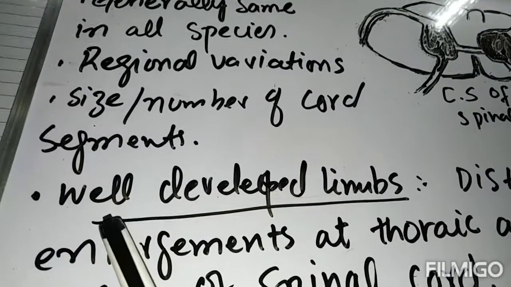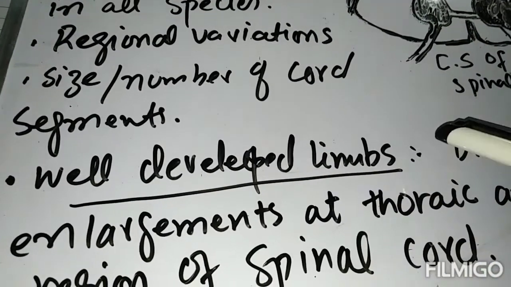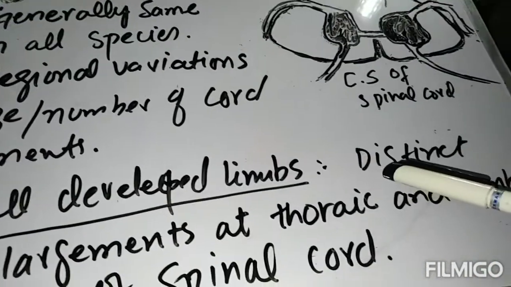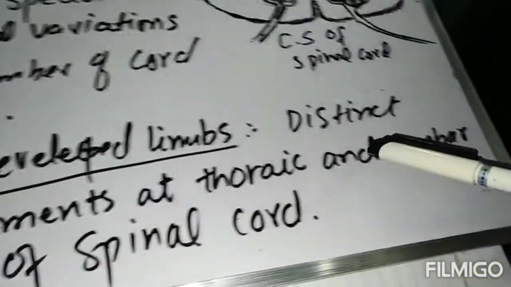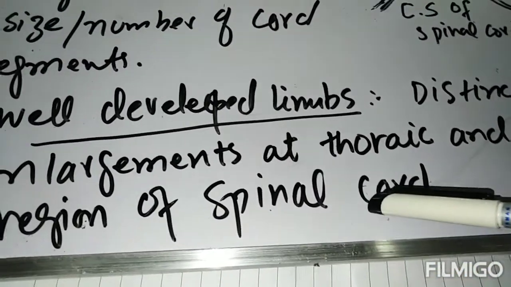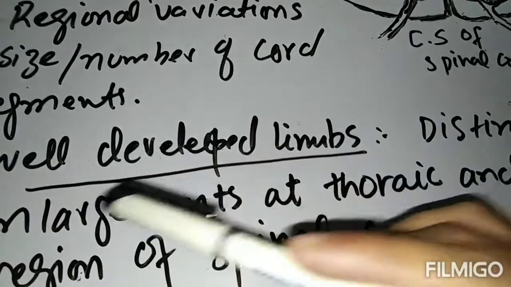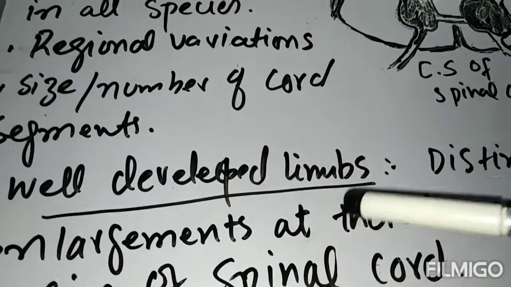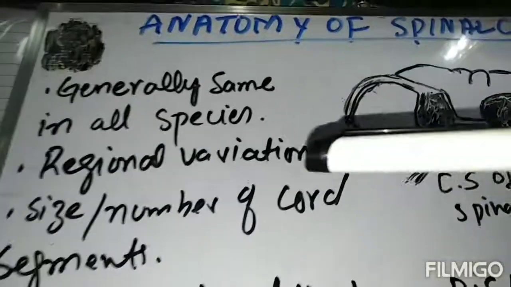For example, organisms with well-developed limbs, such as humans, cattle, etc., show distinct enlargements at the thoracic and lumbar regions of the spinal cord. And organisms which do not have well-developed limbs, such as snakes, do not show such variations.